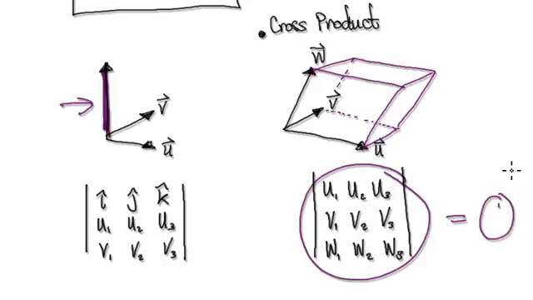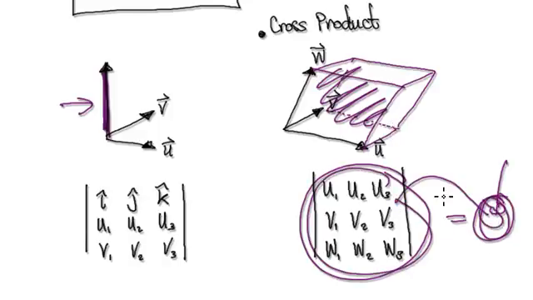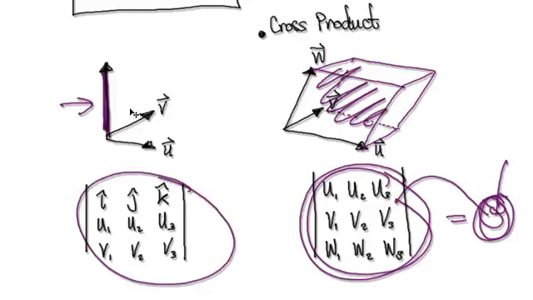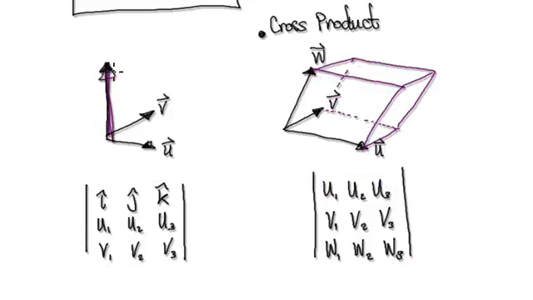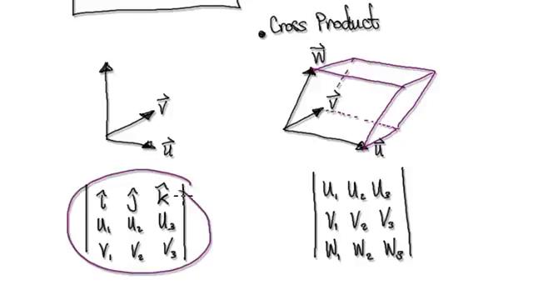It will be a scalar, and this number represents the volume of this parallelepiped. Computing this will give you a vector, and the magnitude of this vector would be the area of this parallelogram. Okay, so remember to compute this.